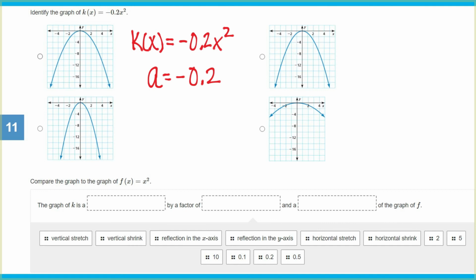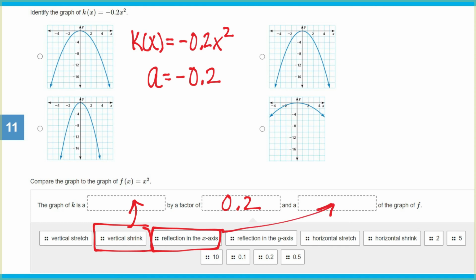So we know the graph of k is a vertical shrink by a factor of 0.2, and then it also has a negative sign in front of it. So that will cause a reflection over the x-axis. So if we take the parent function and perform a vertical shrink by a factor of 0.2, and we reflect the parent function over the x-axis, we will have the graph that we're looking for.